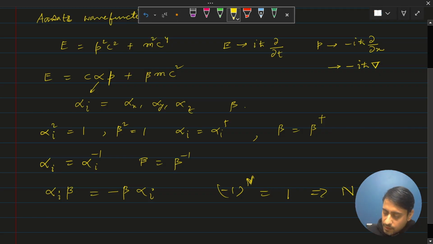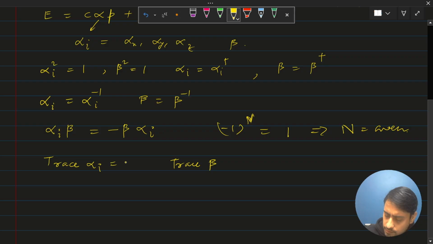Then next what we have to do is check the trace of the matrix alpha i and the trace of matrix beta. So let's check this.